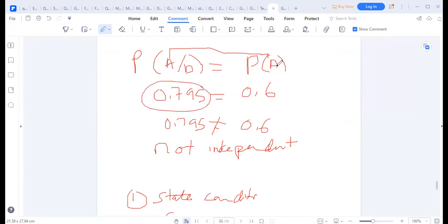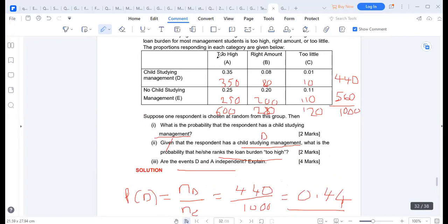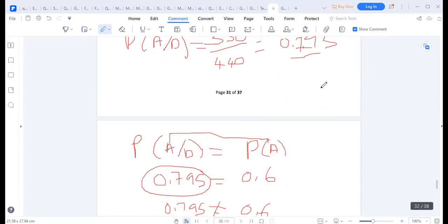Then the probability of A, we didn't find it, but it is quick from here. Probability of A, you get the total for A over the grand total. So 600 over 1000 is 0.6. Probability of B, 280 over 1000. Probability of C, 120 over 1000. It flows. D, 440 over 1000. E, 560 over 1000. But you're interested in the probability of A. It is 600 over 1000, which is 0.6.